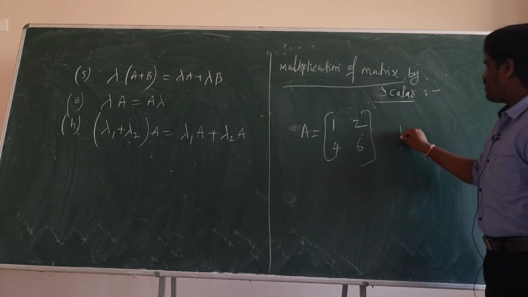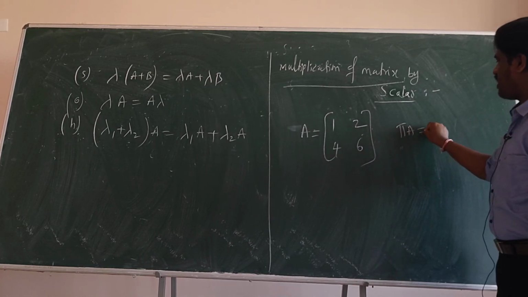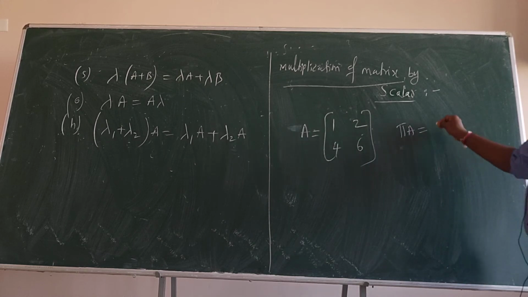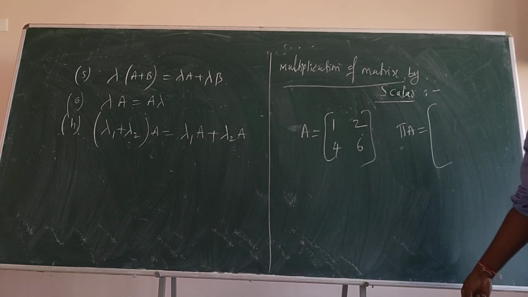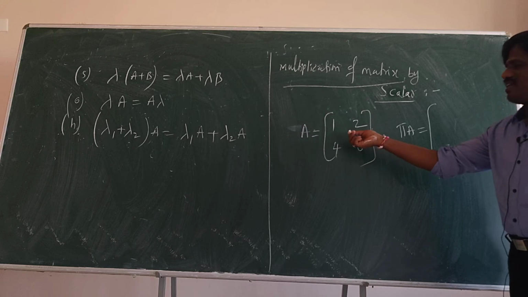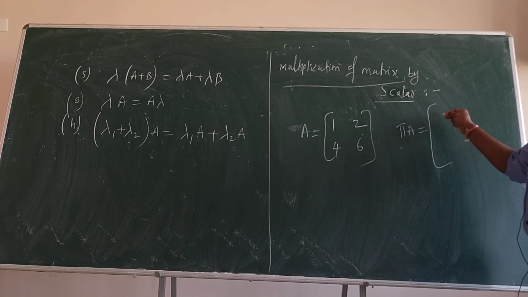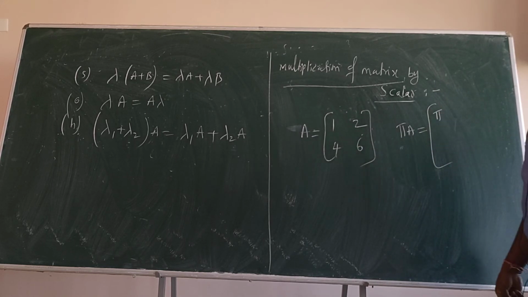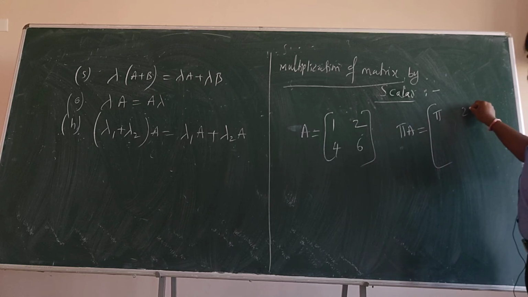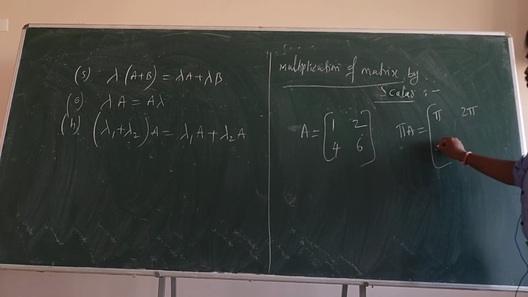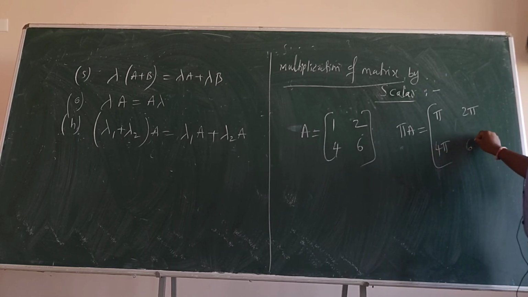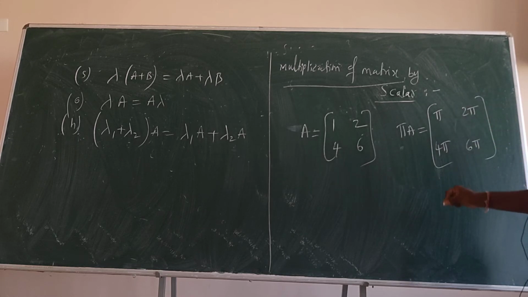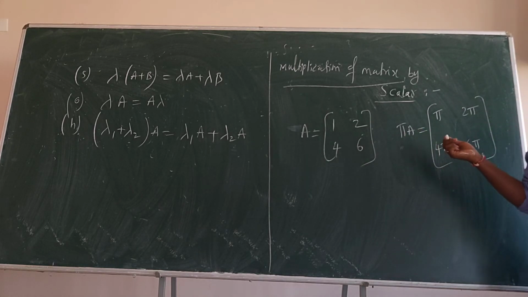Yeah, sigma is a symbol. Pi. Okay. So if I want to multiply with pi, I want to find this. Sigma is a symbol, it's not a scalar, right? Pi, if I multiply pi into 1, I get pi. 2 into pi, 2 pi. 4 into pi, 4 pi. 6 into pi, 6 pi. This scalar will multiply each element of the matrix.